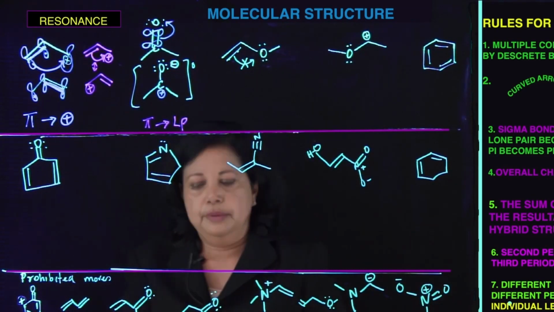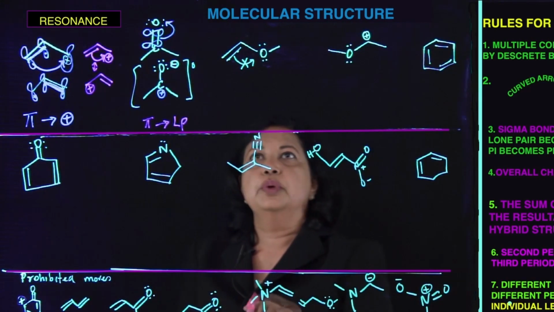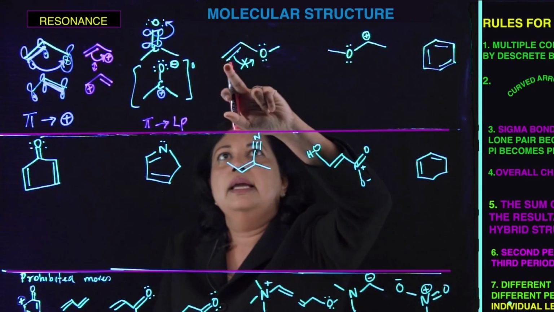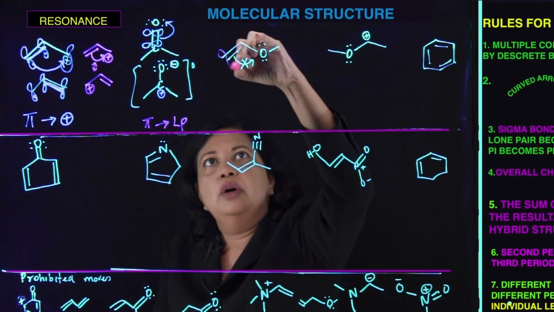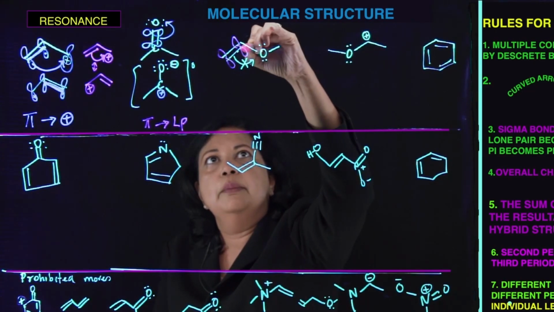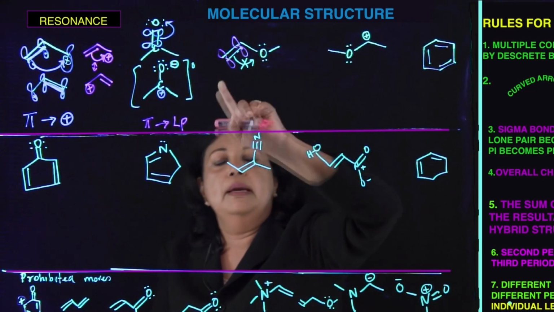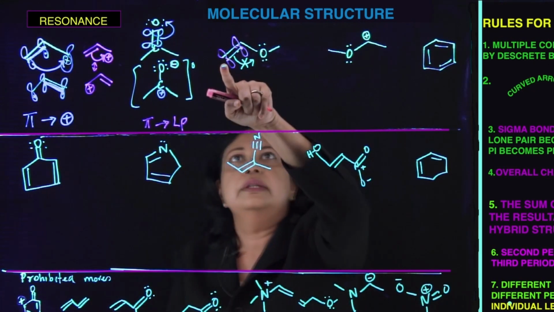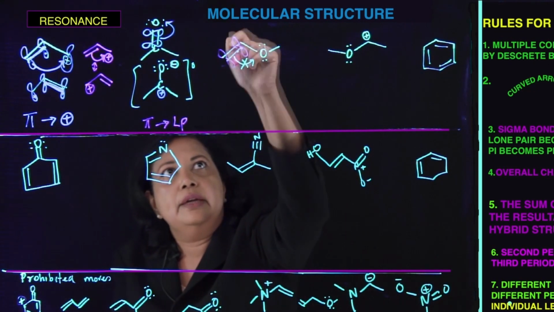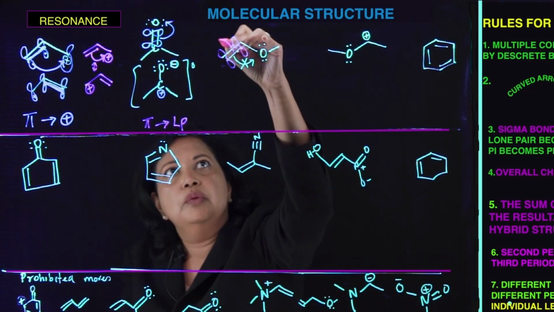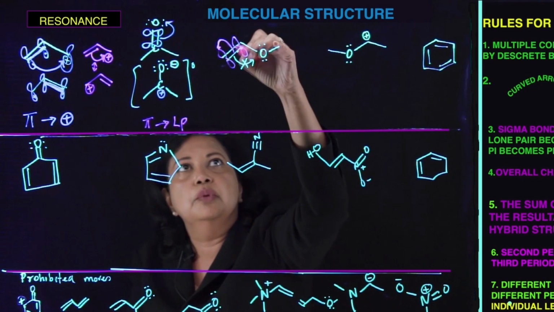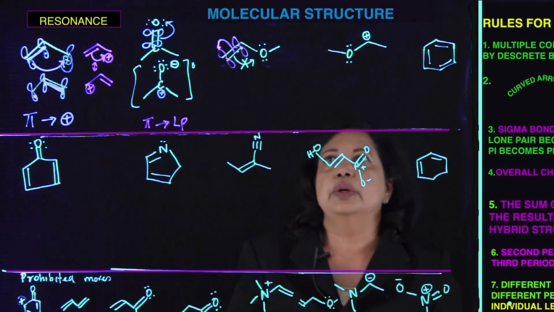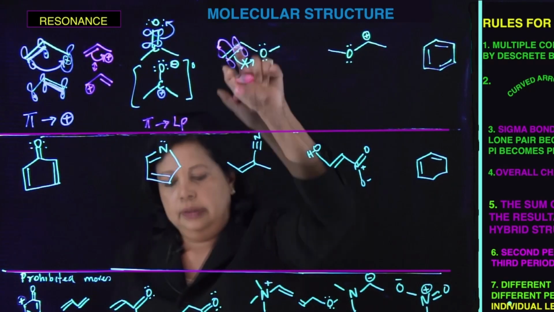So you have to first think about where you are going to push electrons. Here's a pi and a pi, which means you have a p orbital and a p orbital, and a p orbital can take a maximum of 2 electrons because it's an orbital. So therefore you can move the pi over here. Those electrons can move over here, which means you're going to have a positive here.